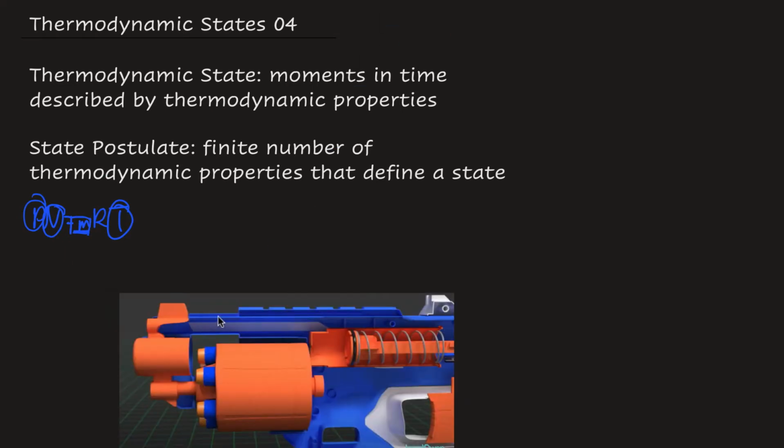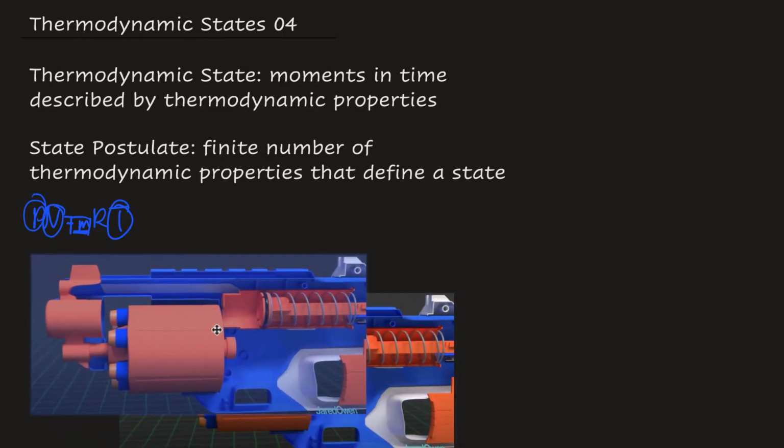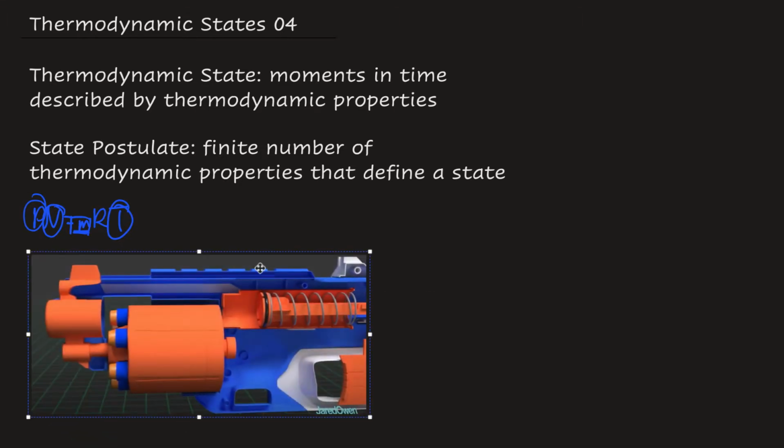This is a nerf gun diagram made by Jared Owen, where he just breaks down how a nerf gun works. It's an awesome video I would recommend checking out if you're interested. Because we're interested in looking at thermodynamic states, we'll define two different moments in time.